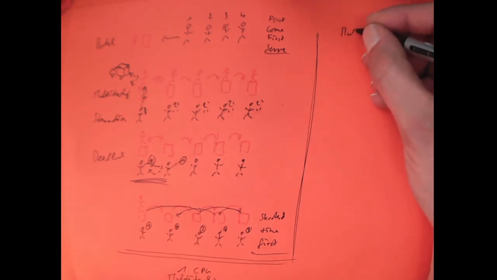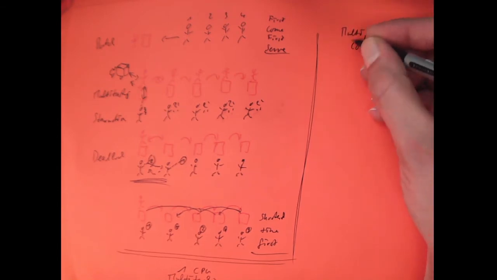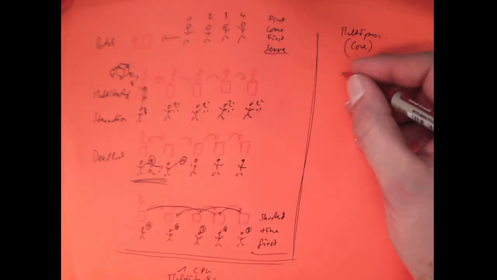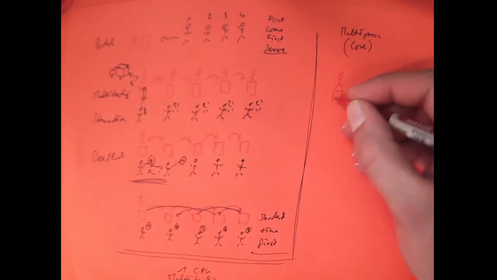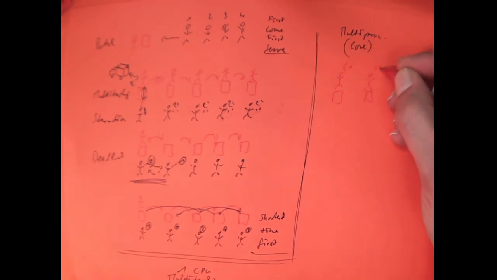So multiprocessor or multi-core, the situation is like this, that you not only have one of these service guys here, you have more of this. So for example, let's say we have 4 cores. So we have core 1, core 2, core 3, core 4.